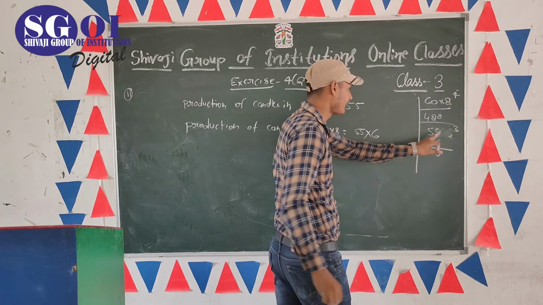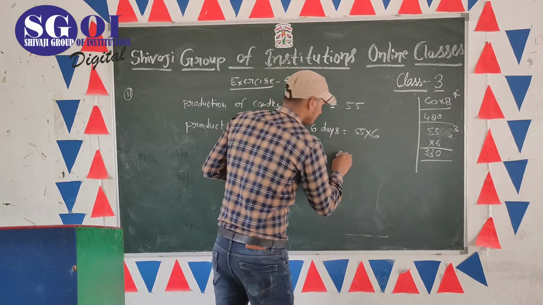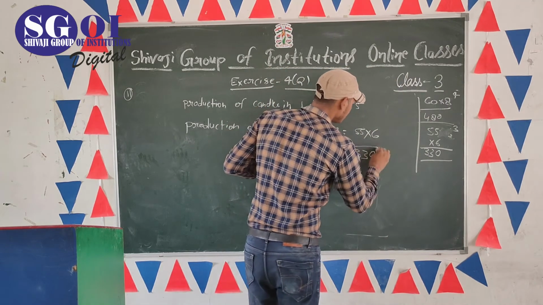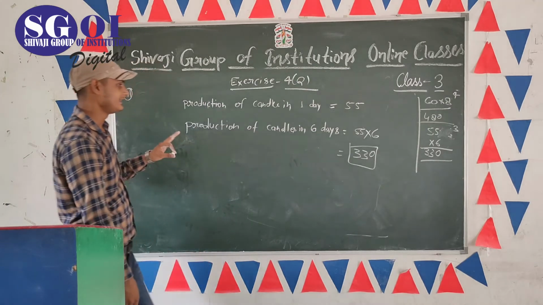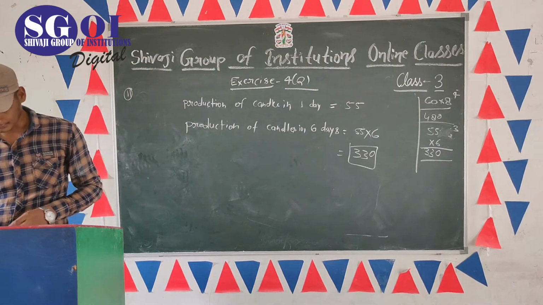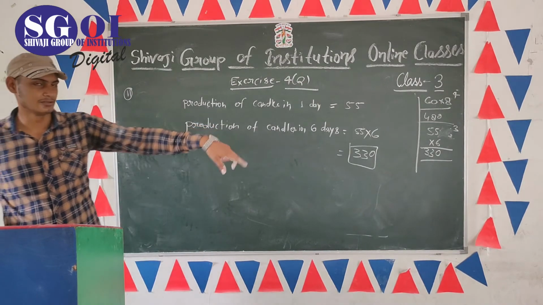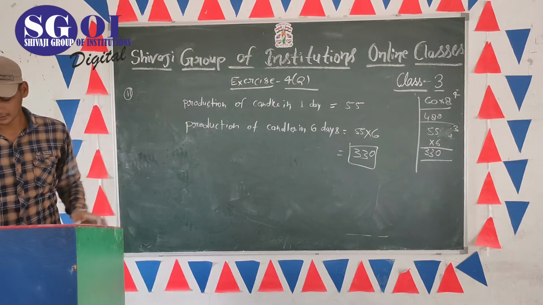Carry 3. 30 plus 3, 33. And here the answer is 330. It means 330 candles are produced in 6 days. Okay, students? Means production of candles in 6 days is equal to 330 candles.